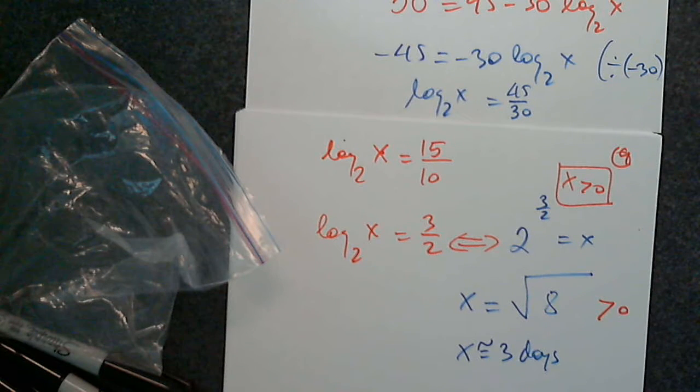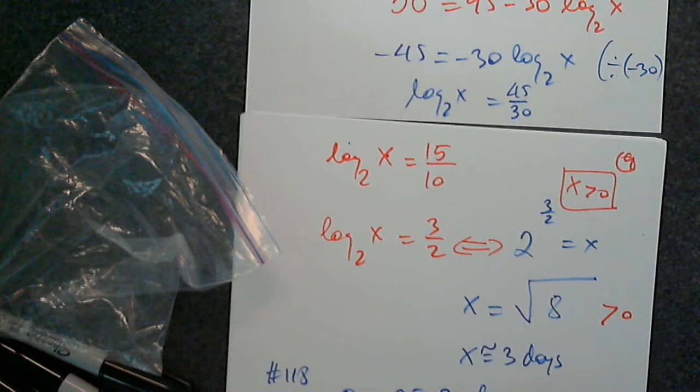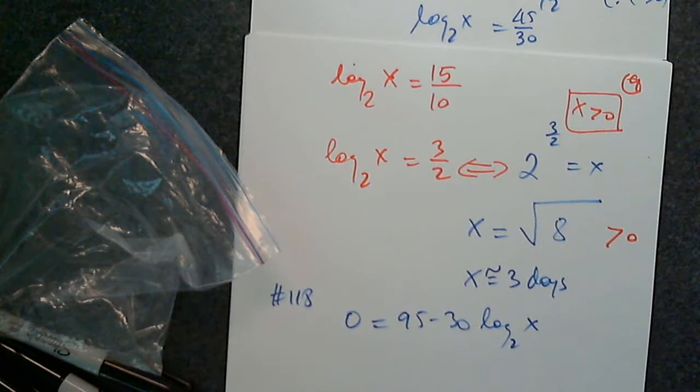Part B, or 118. After how many days have all students forgotten the important features of the classroom lecture? So after how many days does nobody remember anything from that lecture? What does that mean? The percentage is 0. So then 0 equals 95 minus 30 log base 2 of x.